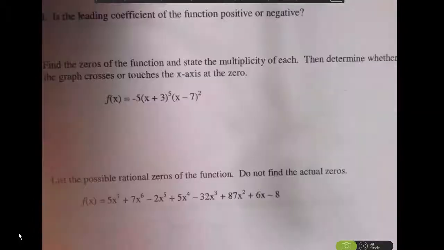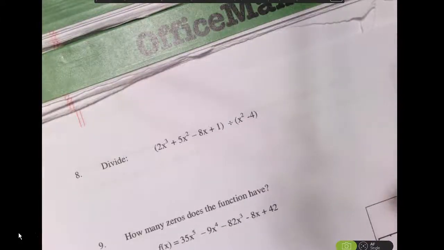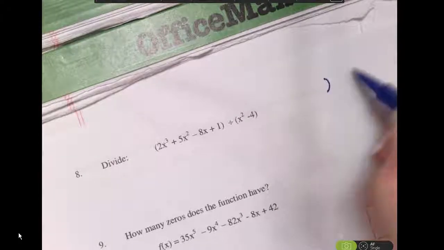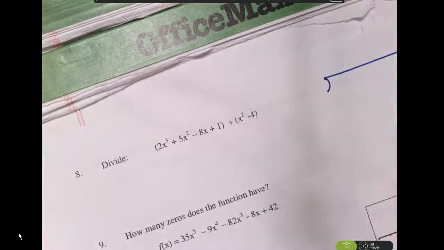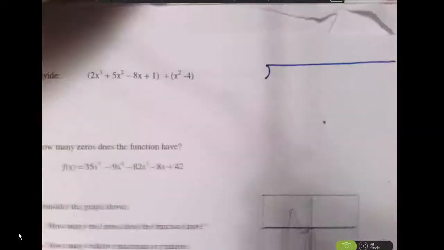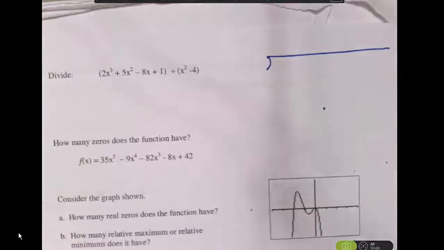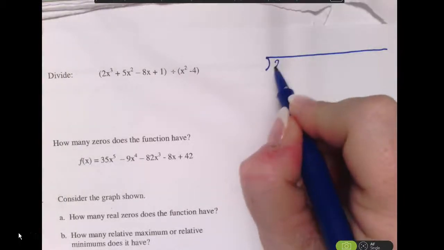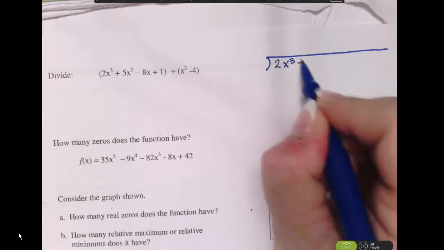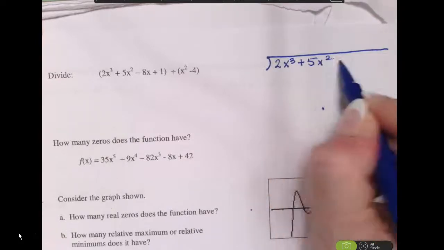Alright, next page. Here we have a nice long division problem, and it is a higher order degree than just 1, so that means we have to use long division. So I am going to set up my division bar. Let me straighten things out here. So as I'm writing my function, I'm checking to see, are we in descending order of the variable?